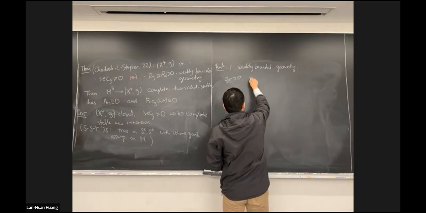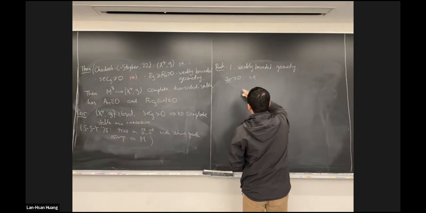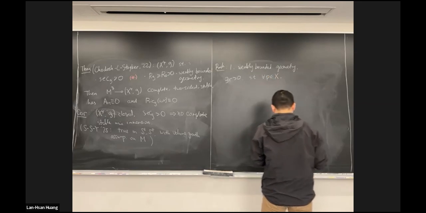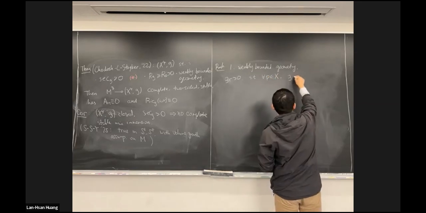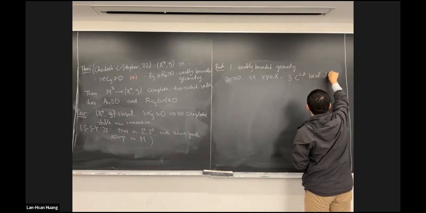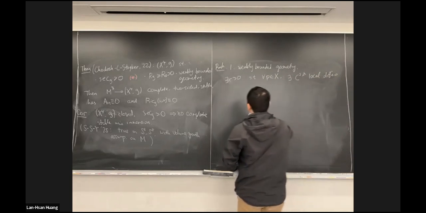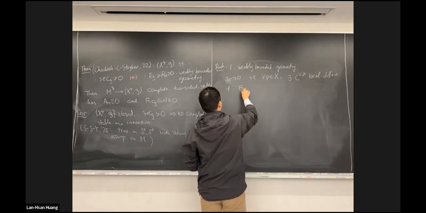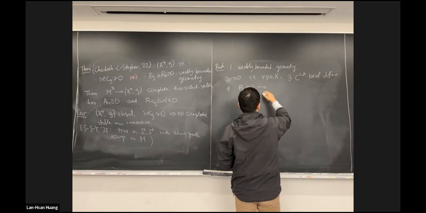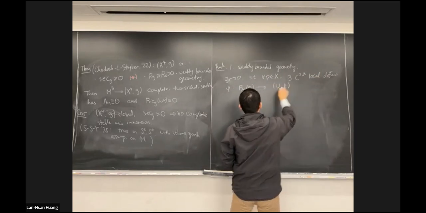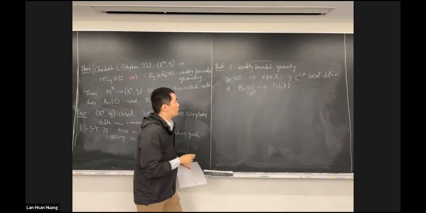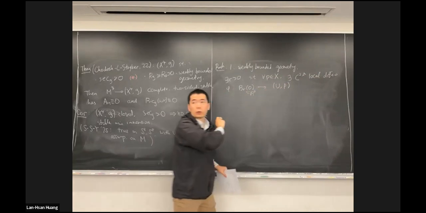So there exists a uniformly positive R such that for every p on the ambient manifold X, there exists a C^{2,α} local diffeomorphism φ from B_R to U_p. So this is contained in R^4, and U is some neighborhood around p.